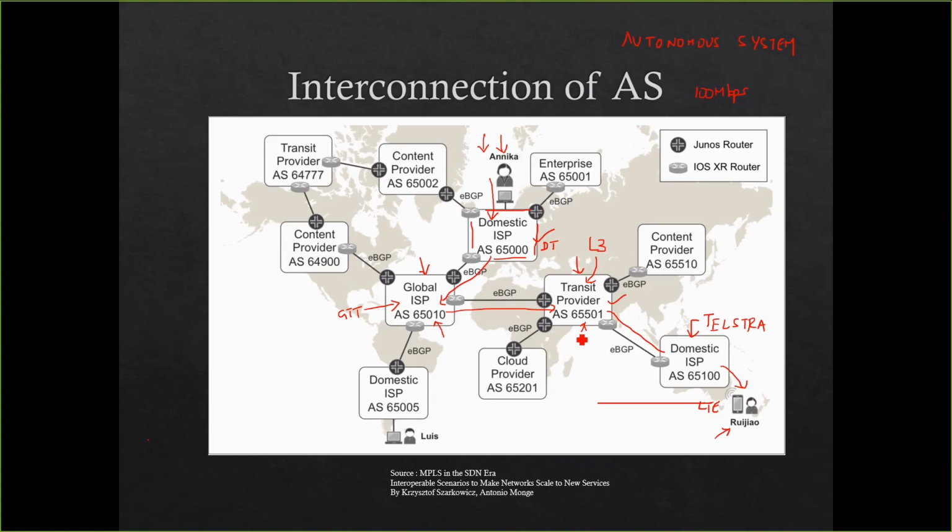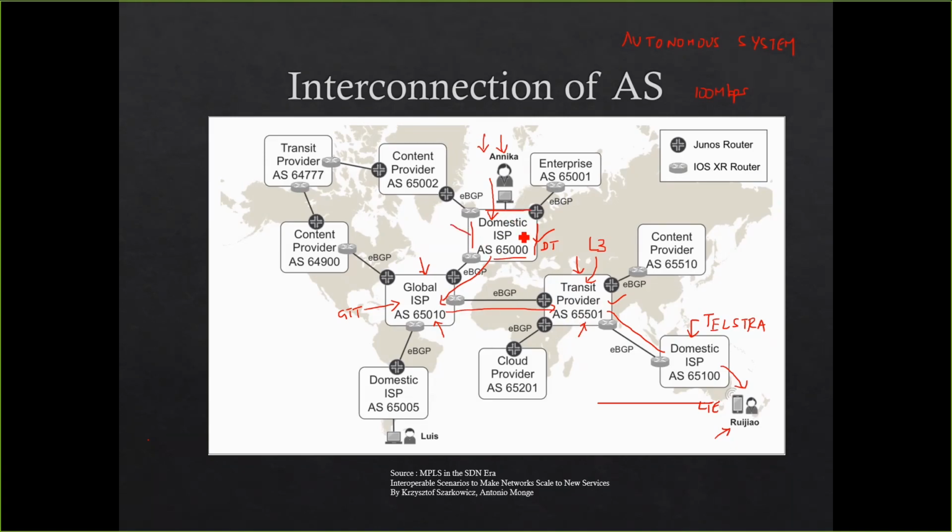If you want to build a network in the internet, then you need to have an autonomous system. You need to get this autonomous system number first, right? We'll talk about autonomous system numbers, where you can get them, and so on. And so far we have seen three kinds of networks. One is the domestic ISP.